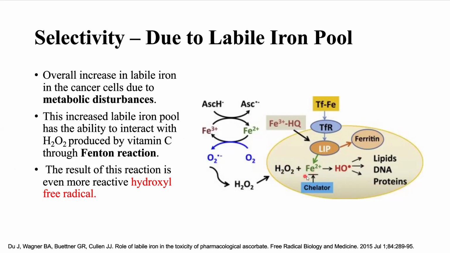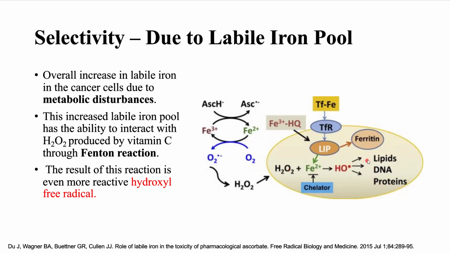And this iron is actually present on these biomolecules. So it is site specific damage. For example, the iron is attached somewhere near the structure of a lipid or DNA.